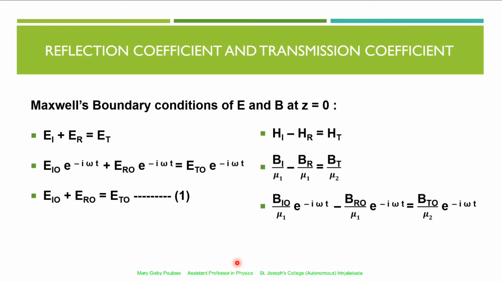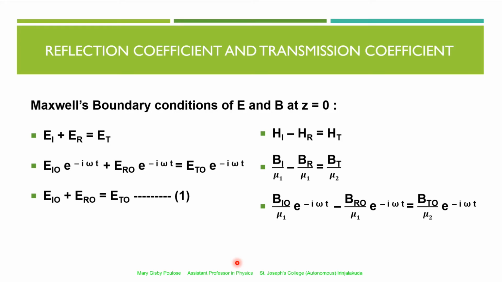Now, substituting for the general wave equations, we get B_I0/μ1 e^(-iωt) - B_R0/μ1 e^(-iωt) = B_T0/μ2 e^(-iωt).